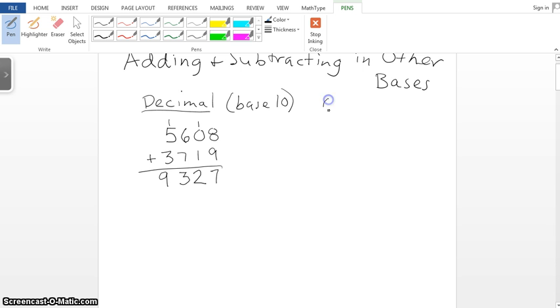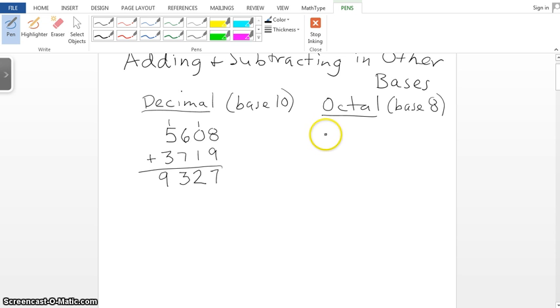Okay, let's try octal. Octal, remember, is base 8. Don't forget that for octal we can only use digits 0 through 7.